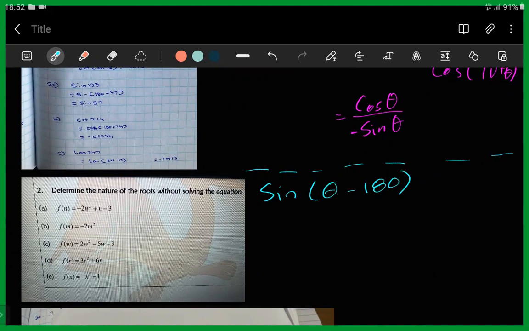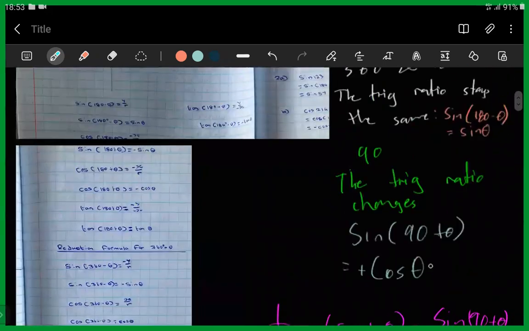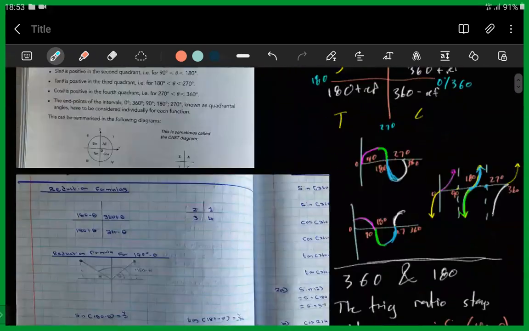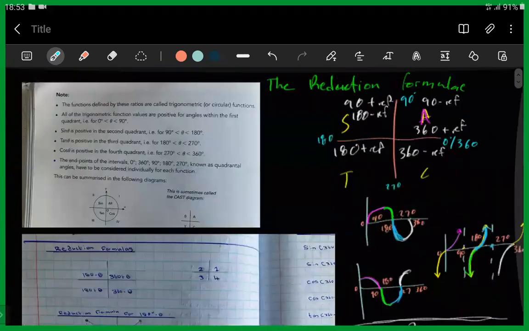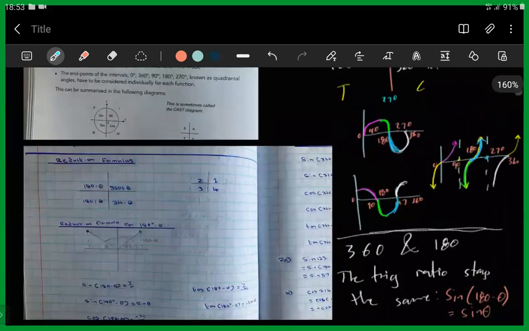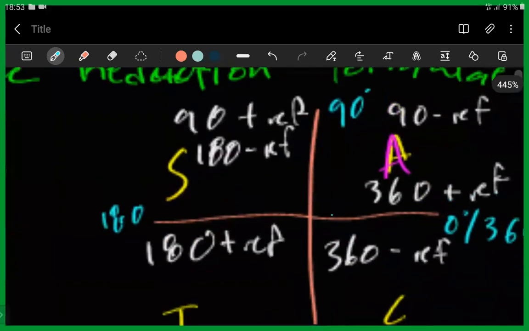In a situation like this, you have to remember that what you normally want to do is use how this always works. When you're dealing with these normal numbers, when you're thinking of something like 180 minus theta, you know that your CAST diagram allows you to go 180 degrees, anti-clockwise.